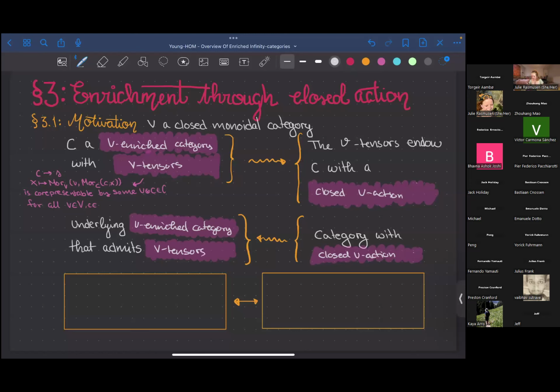And this enrichment is induced by the assumption that the V action is closed. So that means that V-enriched categories with V tensors is the same as a category with closed V action.